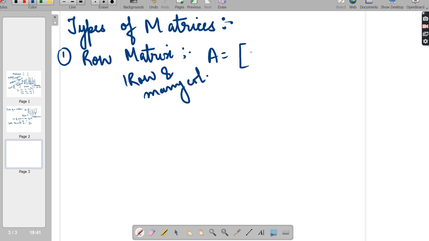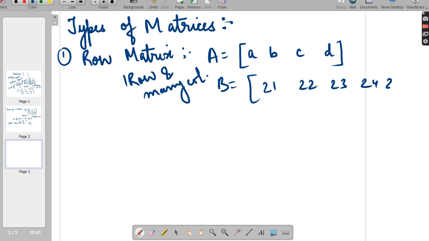So I can put it as A, B, C, D. So here row is 1, columns are 4. Or you can think it as 21, 22, 23, 24, 25. These all belong to your row matrix. So you have a single row, elements are placed in a single row, but columns can be any number.